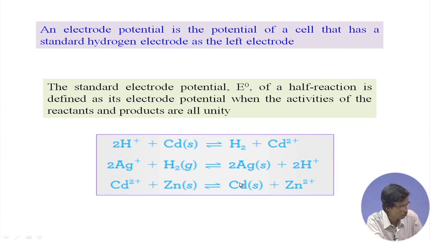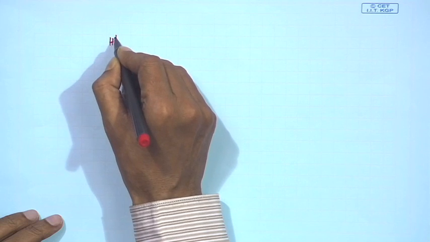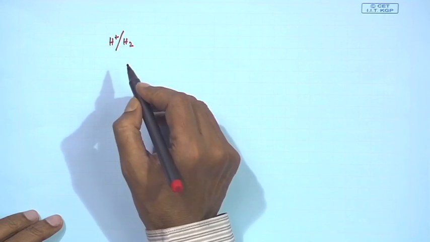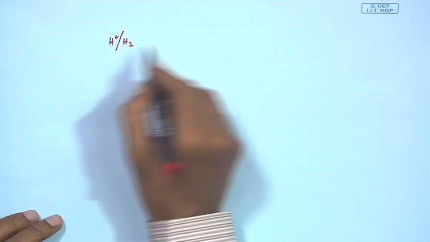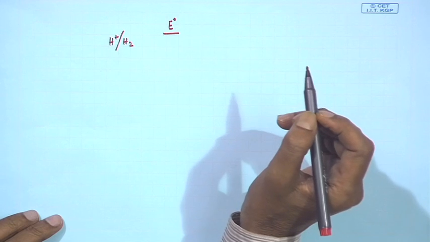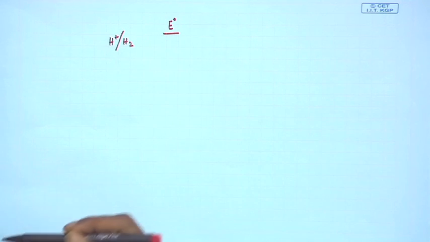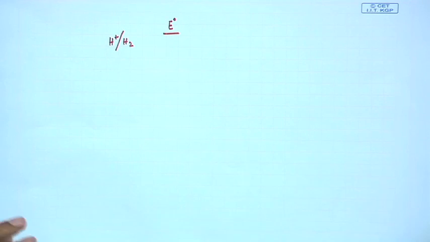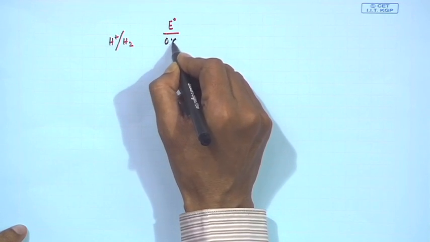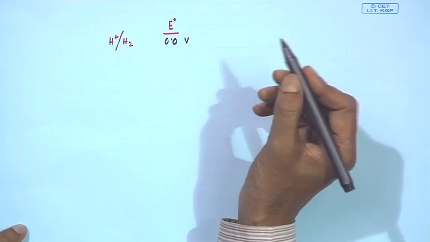So, what we will be looking for basically is these half cell reactions. That means, what should be the E0 value for these, which is very important to know, and as we already defined, by definition this is 0.0 volt versus NHE.